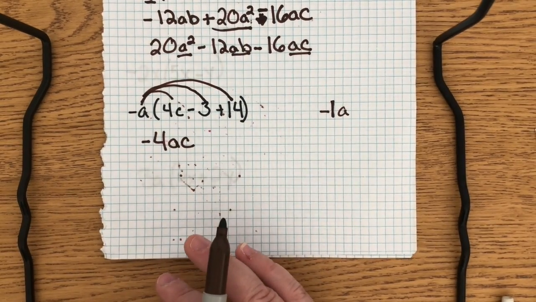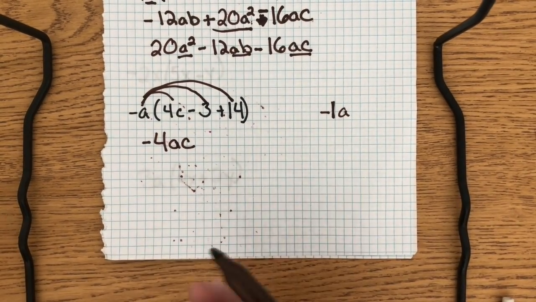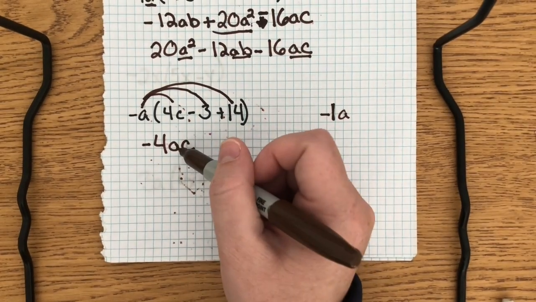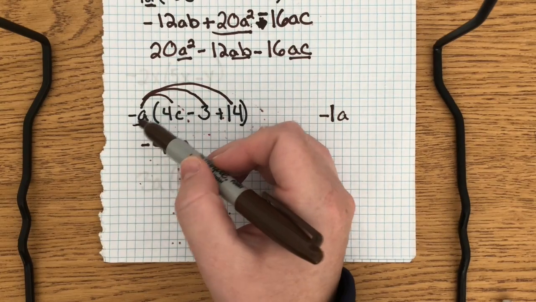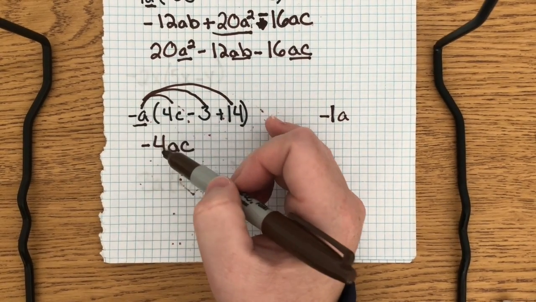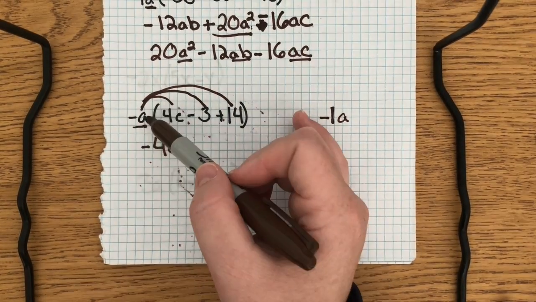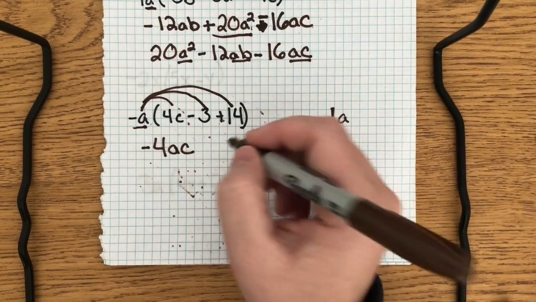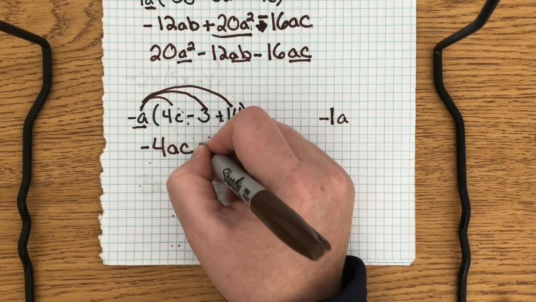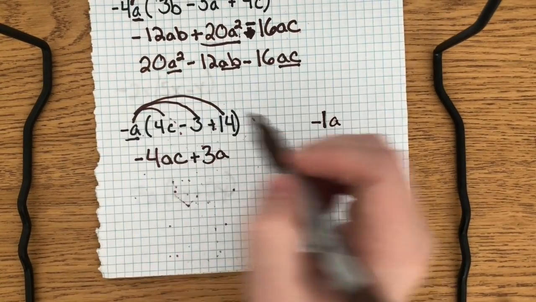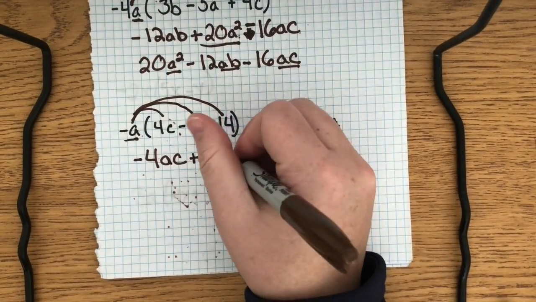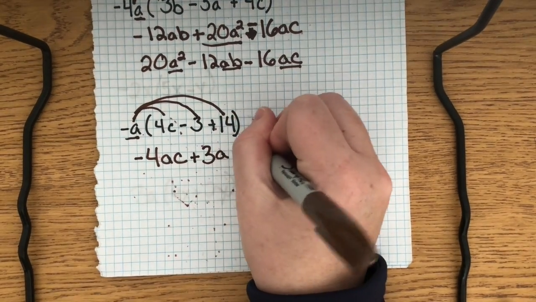It's just a natural thing that I was taught. And the other thing is, since it's outside and it's first, it usually goes first in the equation. Now, -a times -3, that becomes a positive 3a. Then -a times 14, -14a.